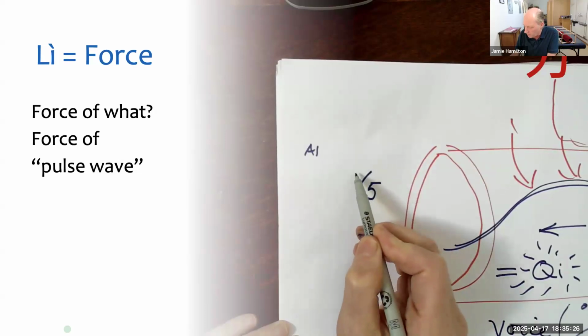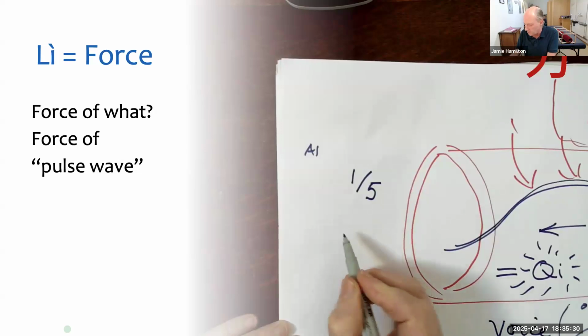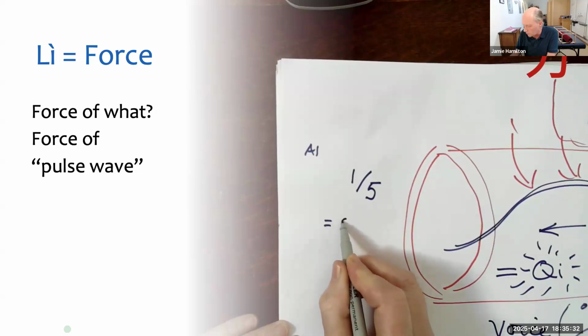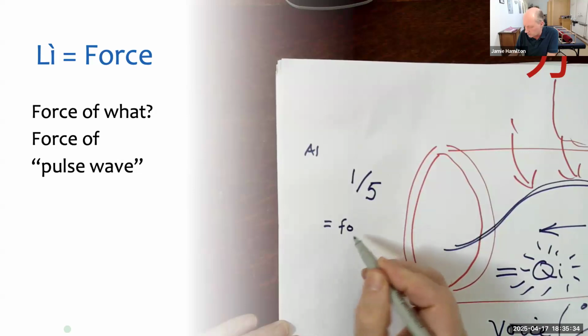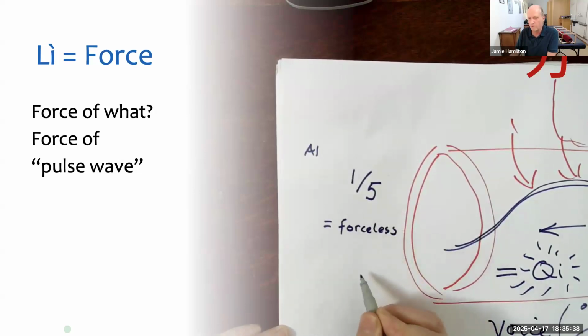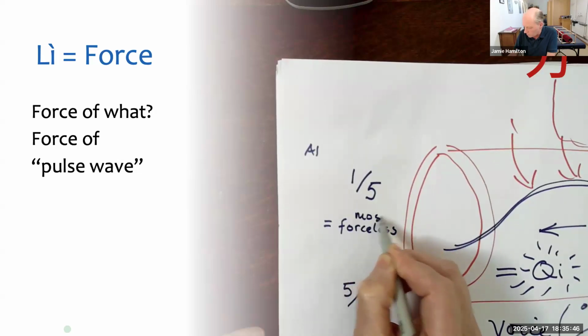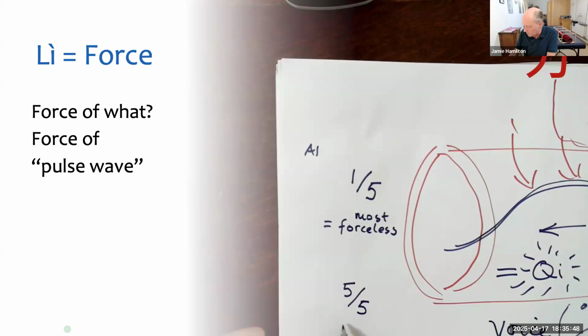So if we have 1 out of 5, then this is the most forceless. What would you expect an average pulse to be? If it was 5 out of 5, that would be most forceful.